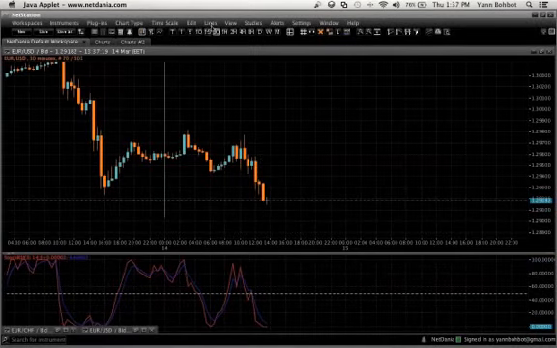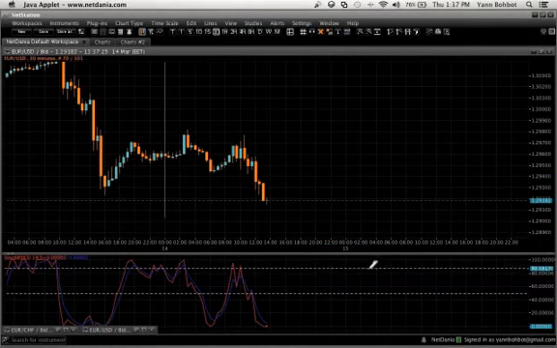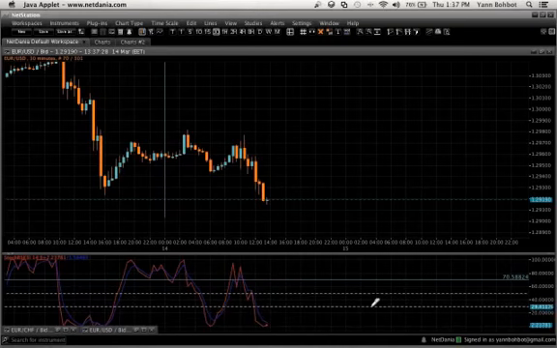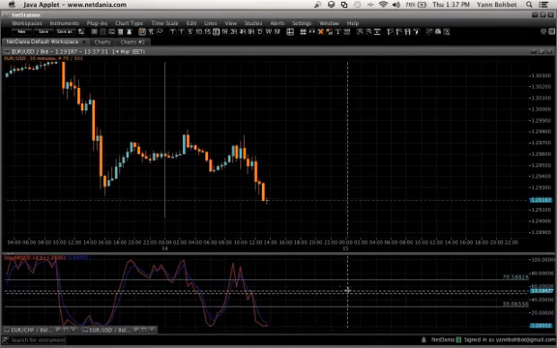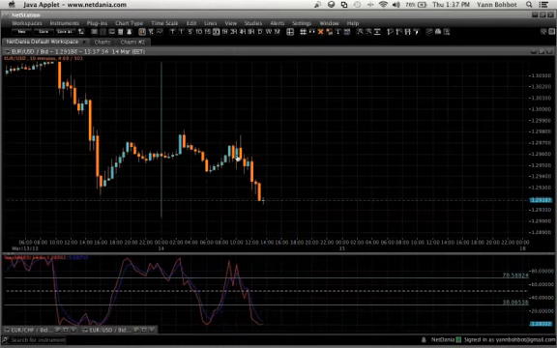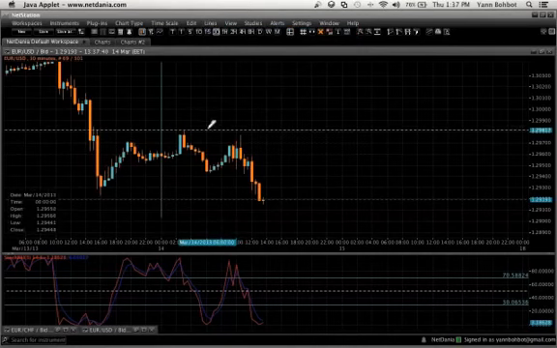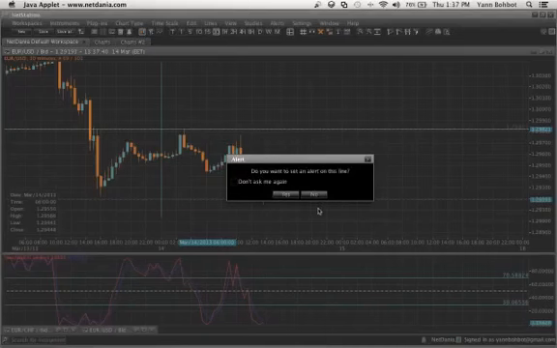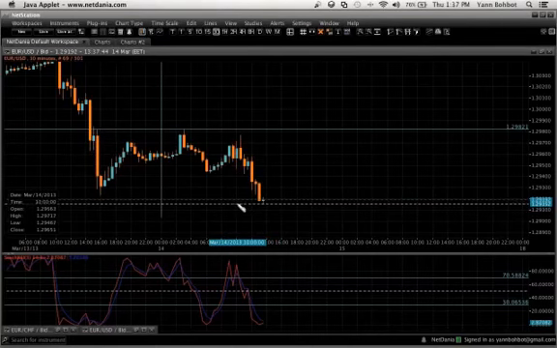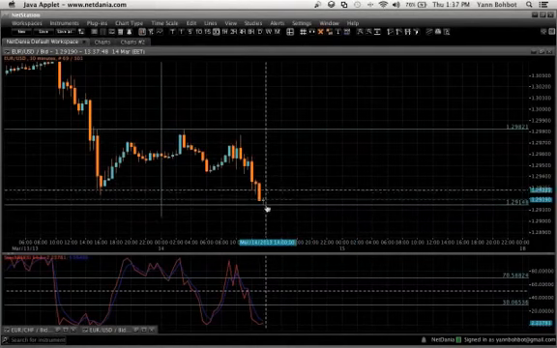I'm putting my lines here. It's not accurate, but just showing you how it works right now. Let's put my high and low, my resistance, my support. So I have my resistance and support.